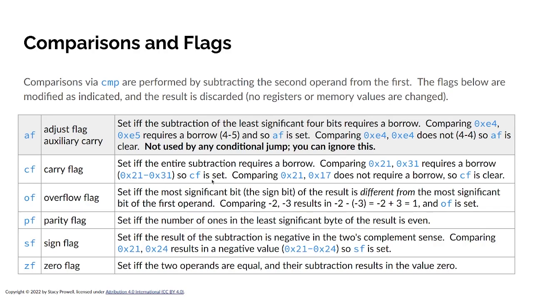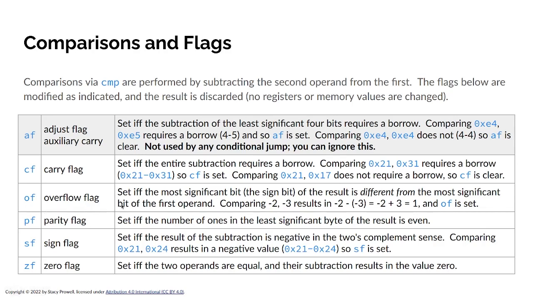And so the carry flag will be set. Make sense? If I subtract hex 17 from hex 21, I can do that without requiring a borrow, so the carry flag is clear. So the carry flag is going to be set when the second argument is larger than the first argument.